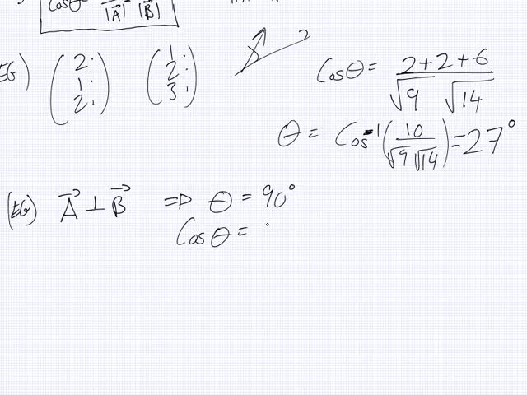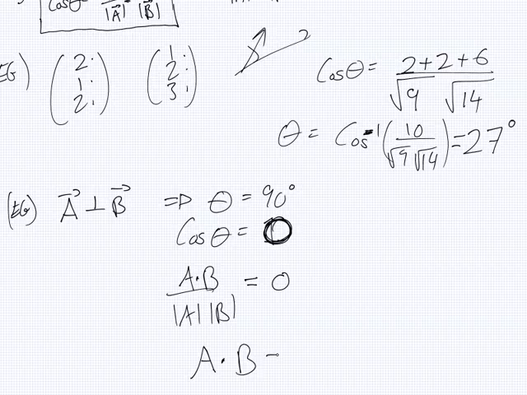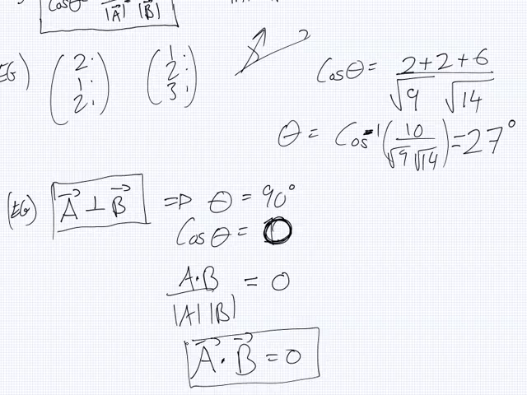Cos 90 is 0. So A dot B over magnitude of A, magnitude of B equals 0, which means the top must equal 0. So if we want to know if they're perpendicular, we can check if their dot is 0. If their dot is 0, they're perpendicular. If it is not 0, they're not.